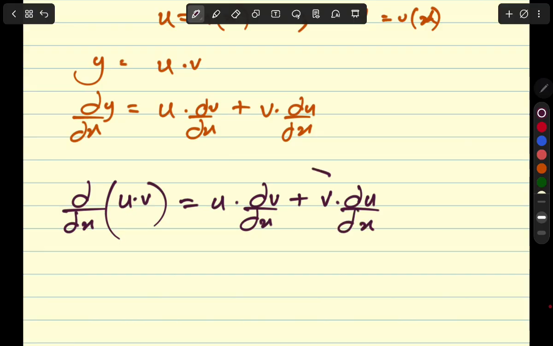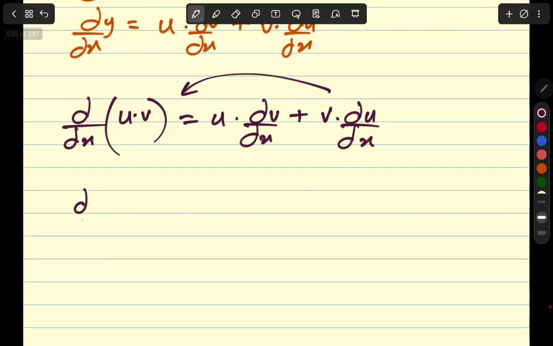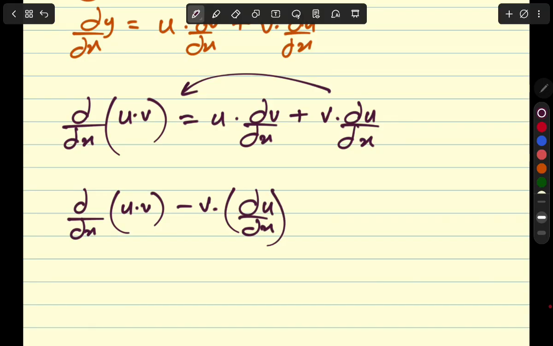So now I can take this one here. So I'm going to have d upon dx of uv minus v du upon dx is equal to u dv by dx, right?